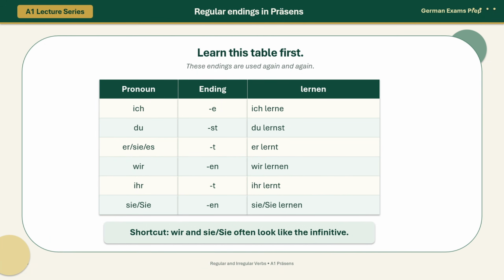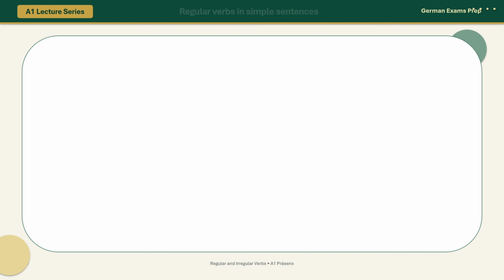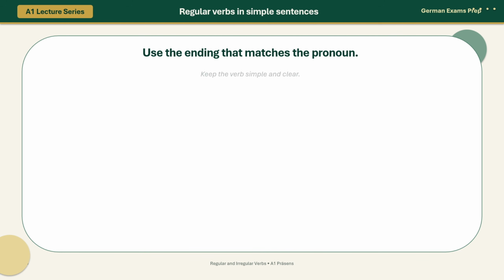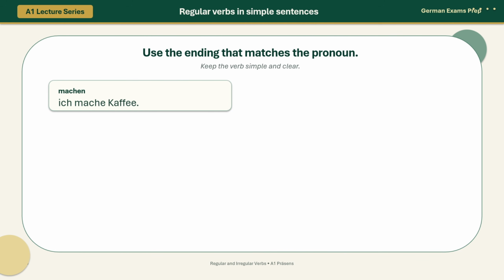Now let's use regular verbs in simple sentences. If I want to say I'm making coffee, the infinitive is machen. With ich, we need e, so, ich mache Kaffee. You are coming tomorrow, kommen, infinitive.